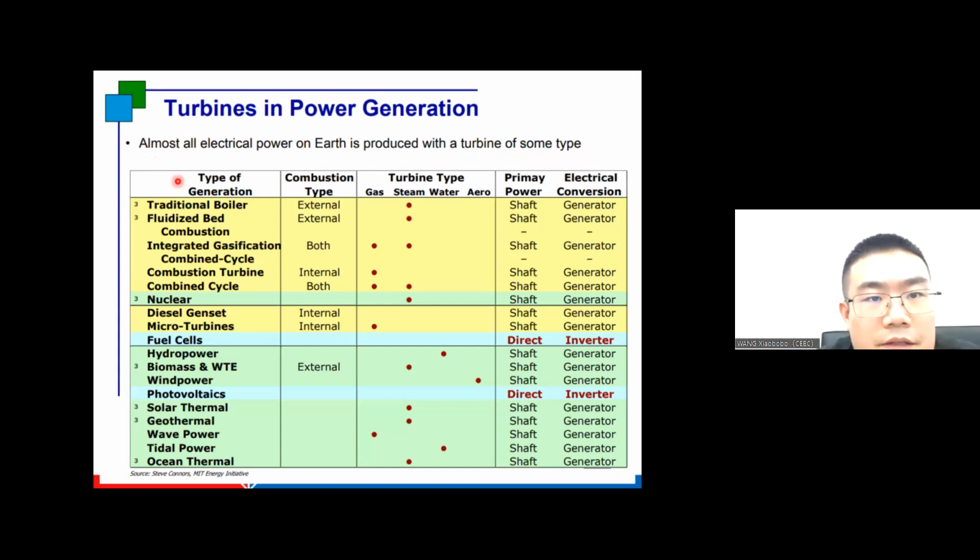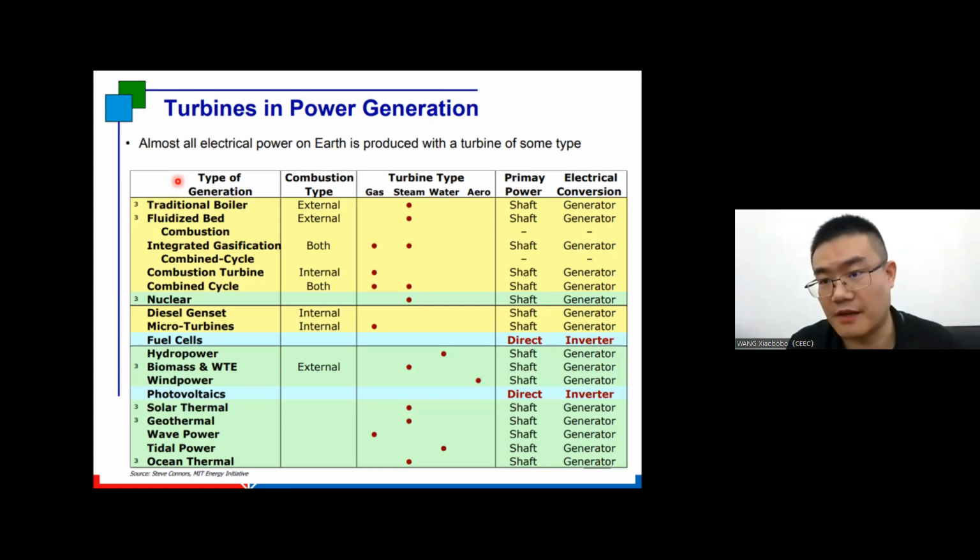In power generation, almost all electrical power on Earth is produced with a turbine of some type, except for solar. Solar is very unique. There are no rotating machines. The nuclear, the coal-fired power plant, the gas-fired power plant, the wind power plant all have a turbine. But in solar, there is none. The output is directly DC, like 24 volts.